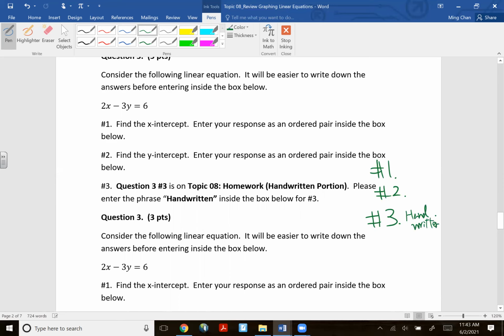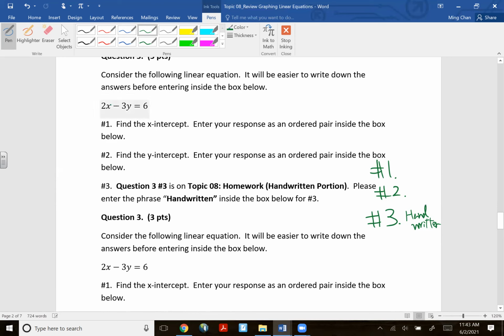Remember, we have to print the handwritten portion first, then open the computer portion. With the handwritten portion already printed out, when you get to number 3, you can still look at your answers from 1 and 2 and use them to do number 3.